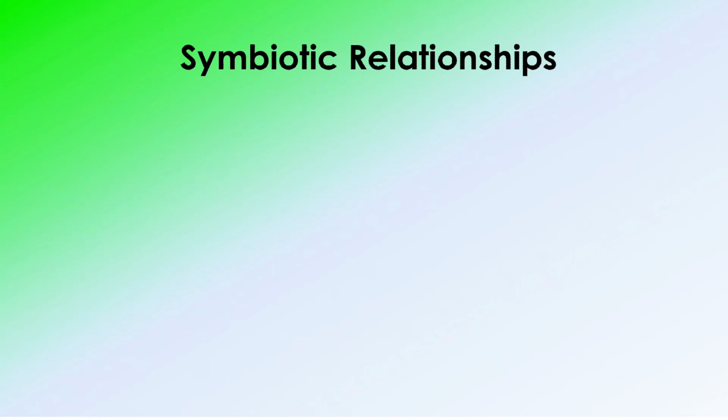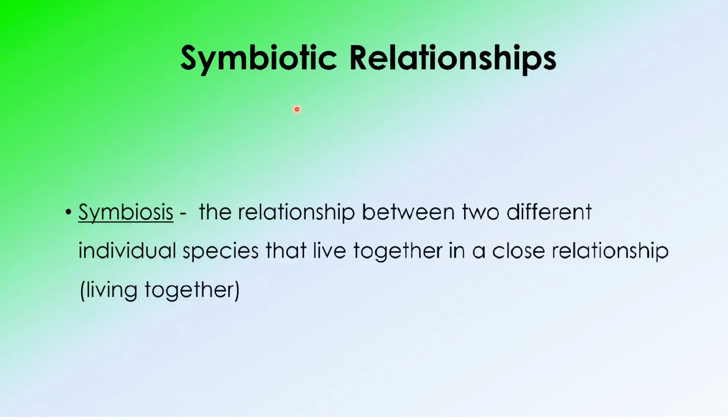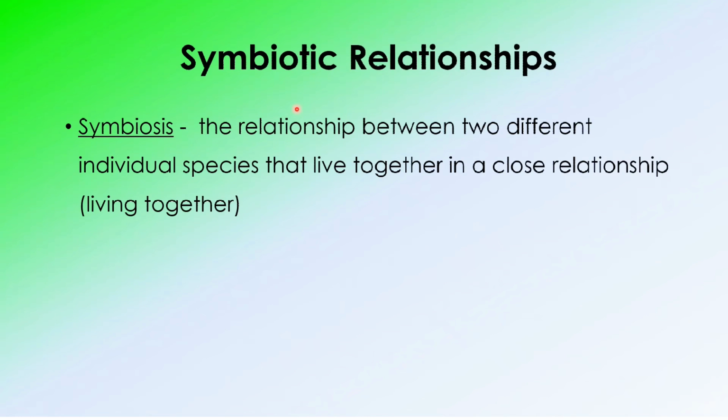Do you know what a symbiotic relationship is? When we say symbiosis, it means the relationship between two different individual species that live together in a close relationship in the environment.